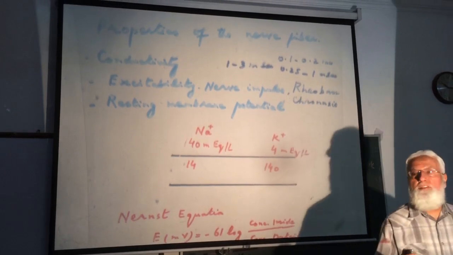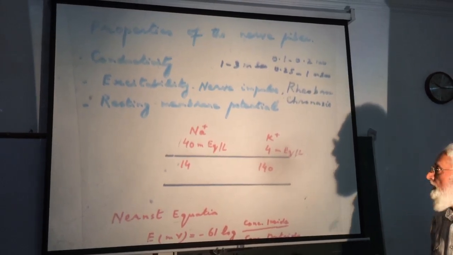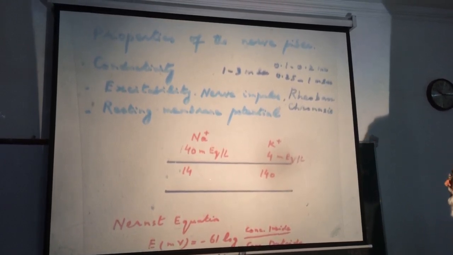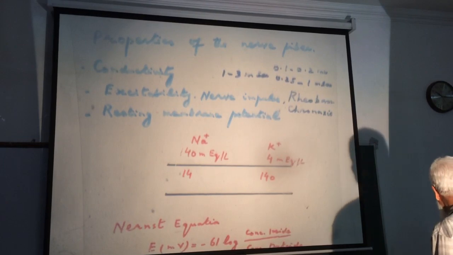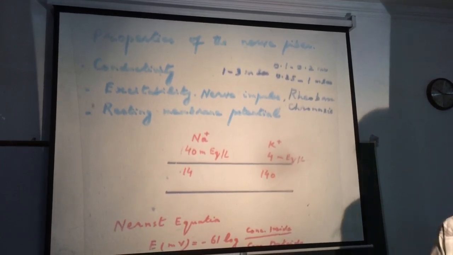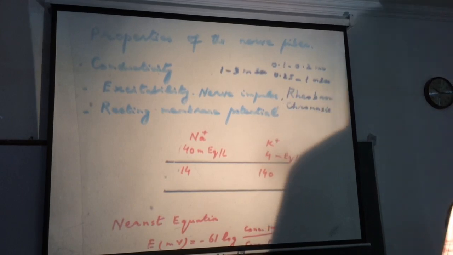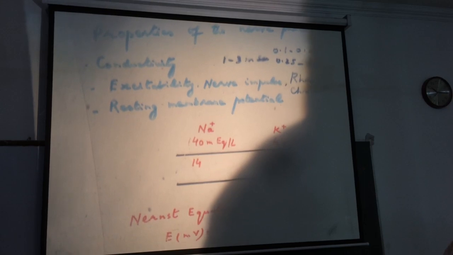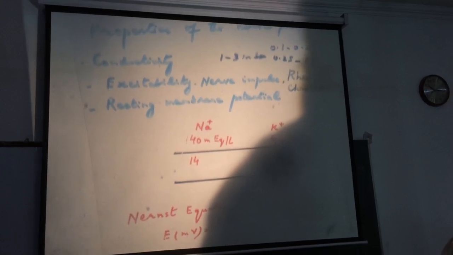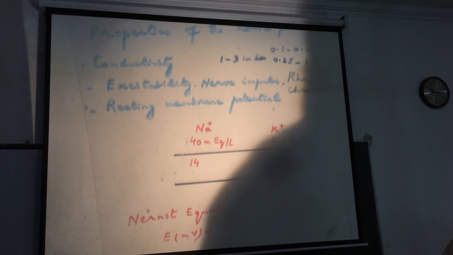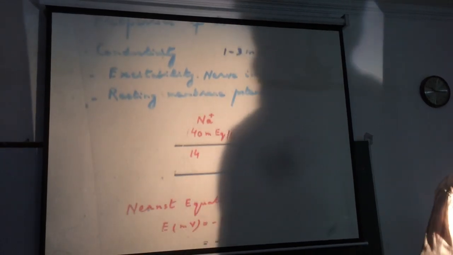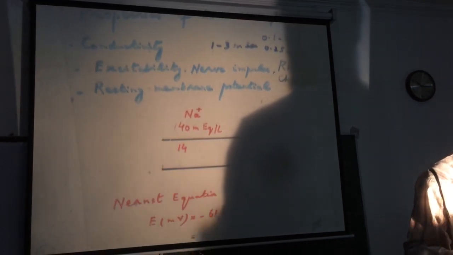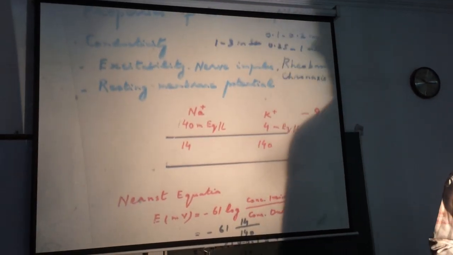Now keep in mind, if the resting membrane potential is minus 90 millivolts, out of minus 90 millivolts, minus 86 millivolts is because of the outward potassium diffusion.